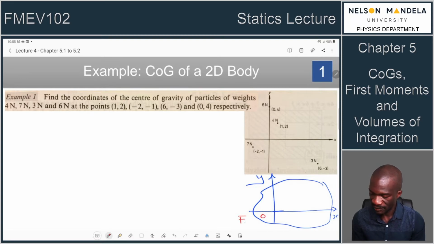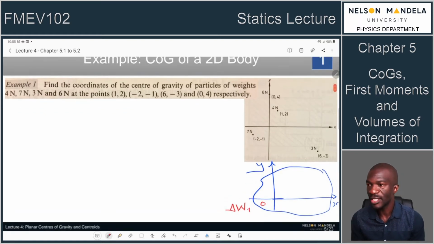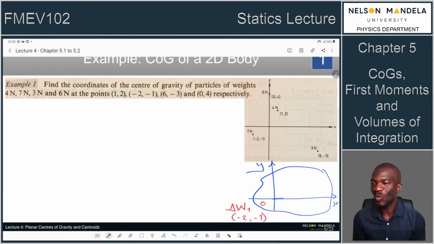Okay, so these are forces. Let me just put them as a weight, right? So it has a weight, delta weight 1, at that location, and that location is what? -2, minus 1. So basically that is what the x1 y1 means.